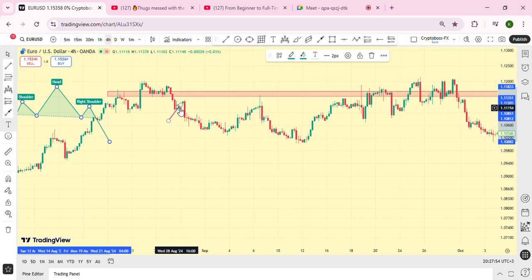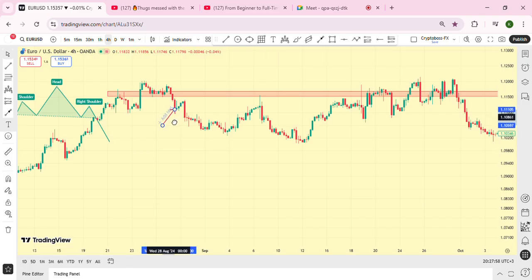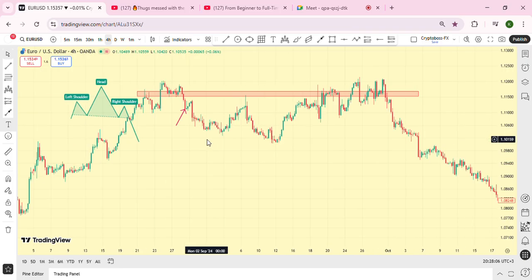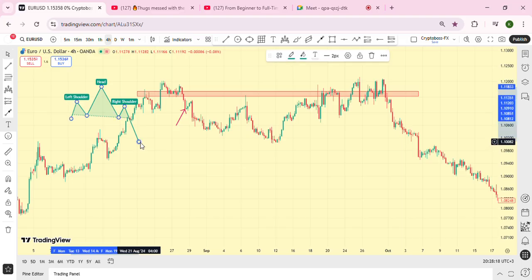If you go to a lower time frame, you will find that was a bearish flag, and from there you can see the market went down some good pips. So that is it. There is nothing much now to do.